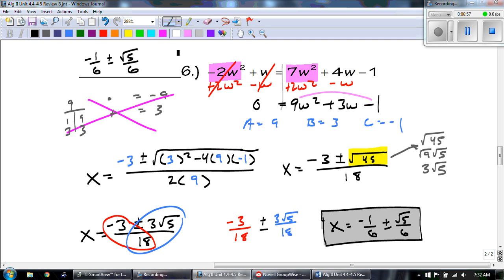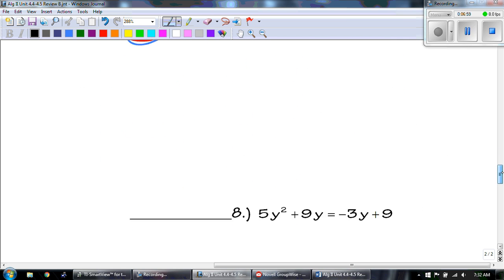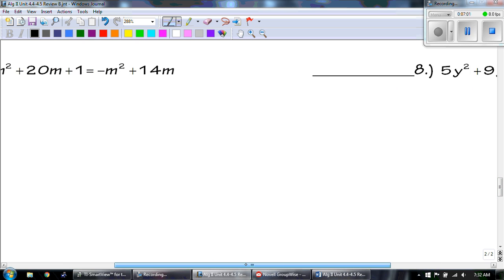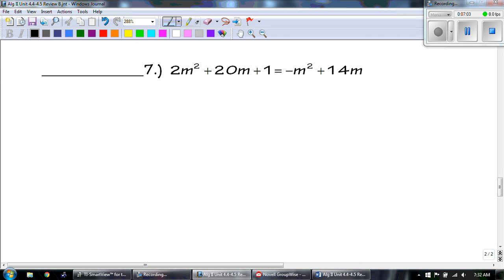All right, number 7. Okay, go ahead and move the smaller one.